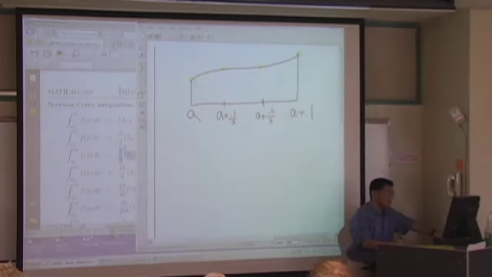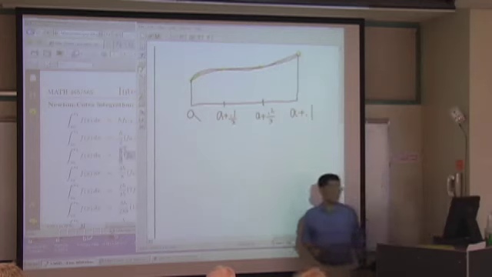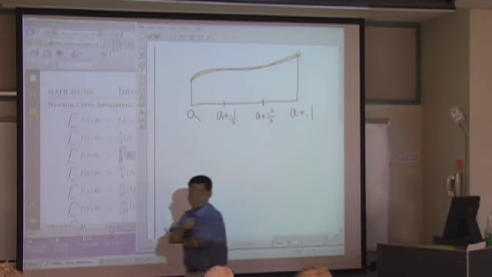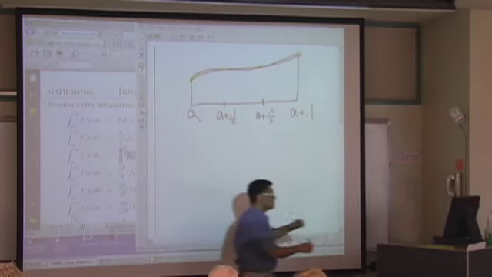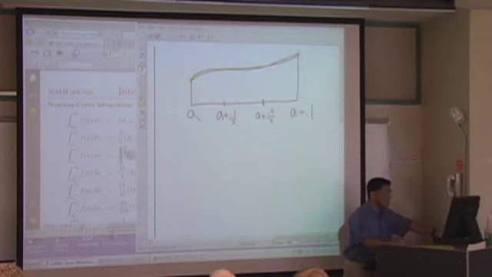We can determine a third order function, a cubic function, passing through these 4 points. Then we are integrating the third order function from a to a plus 0.1, and the third order function looks like this.